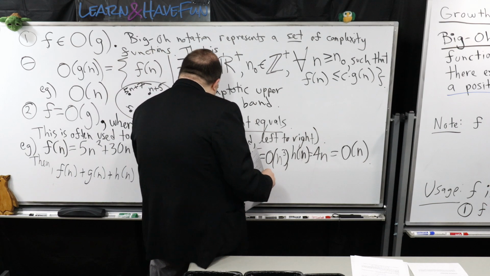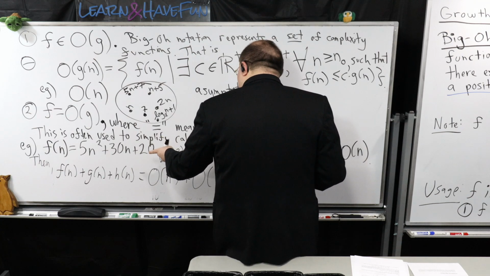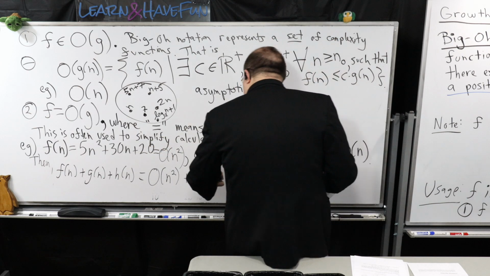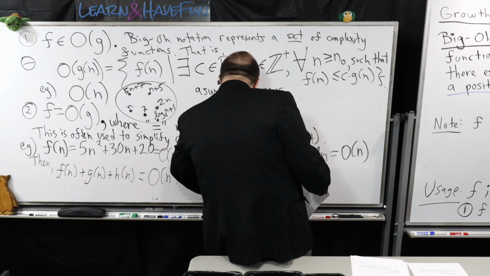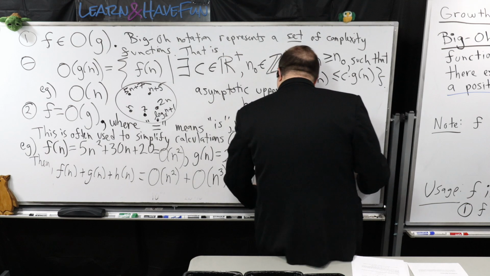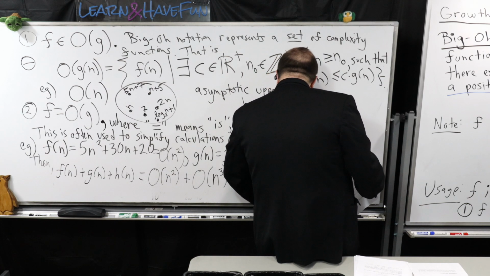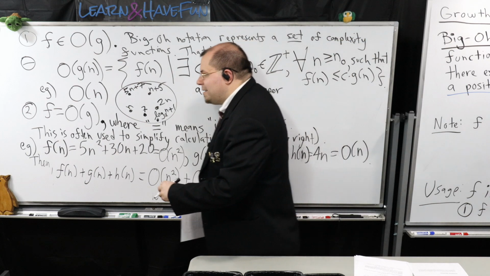I'm going to add this to whatever the big O is of g of n. So I have big O of n cubed. And for h, it is big O of n.